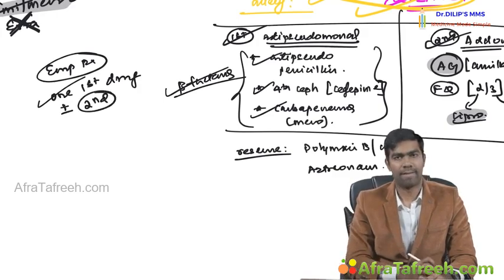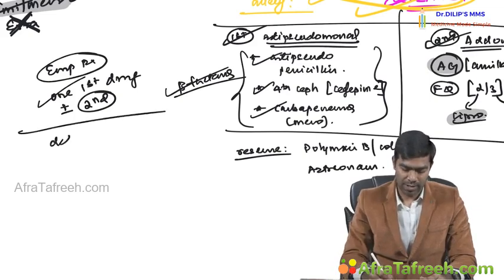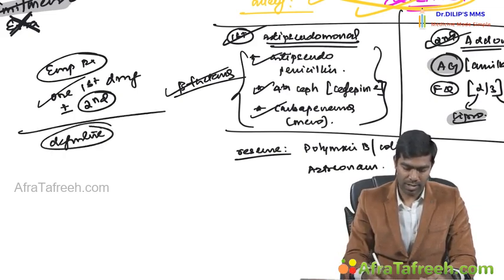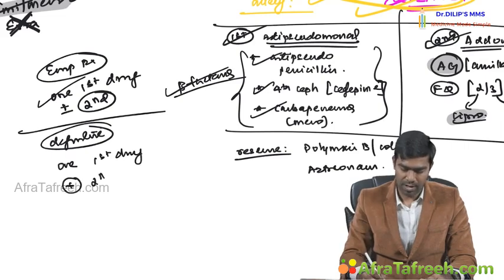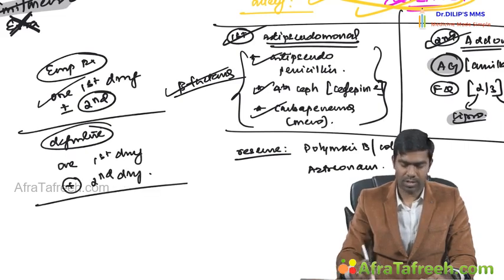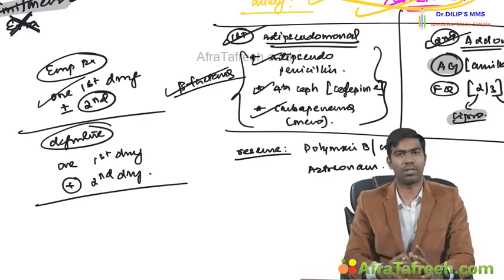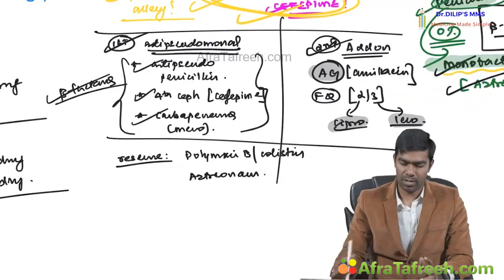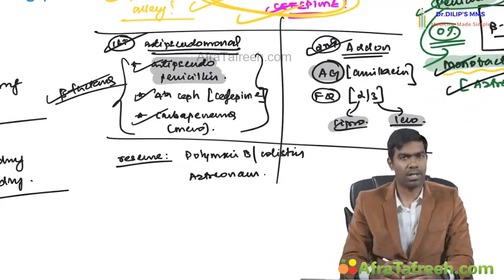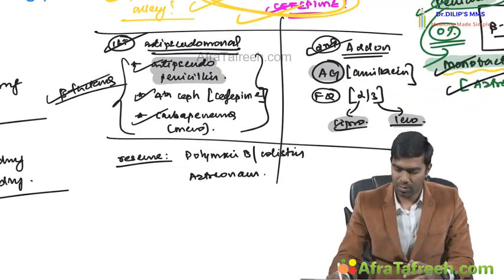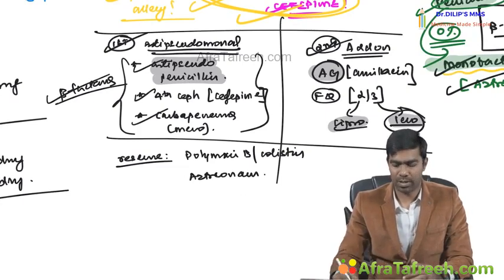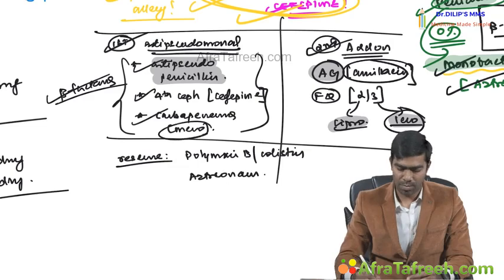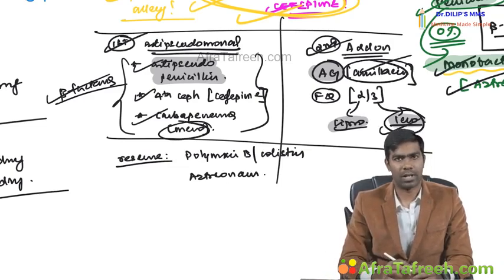Suppose in a definitive case, I have to add one first drug, plus definitely one second drug, any one of the second drugs. So typically in a confirmed case of Pseudomonas, my treatment will be piperacillin tazobactam with levofloxacin, or piperacillin tazobactam with amikacin, or meropenem with levofloxacin, or meropenem with amikacin.